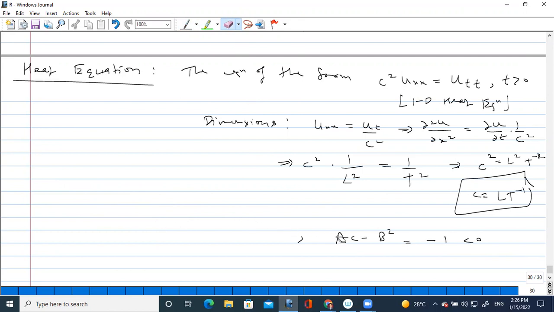Sir, on Google it is saying that the thermal diffusivity unit is L square by T. Sir, in the equation it's not C square, instead of that it's K. So then it will become L square by T, the unit of thermal diffusivity.